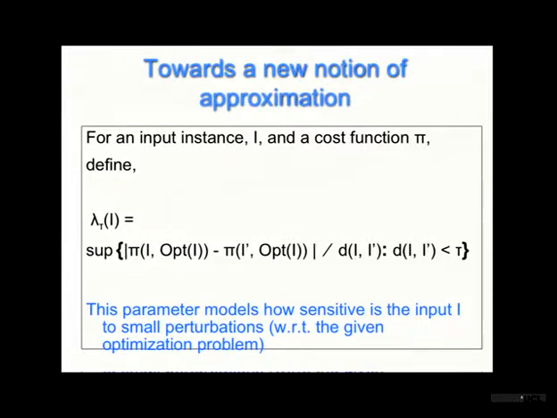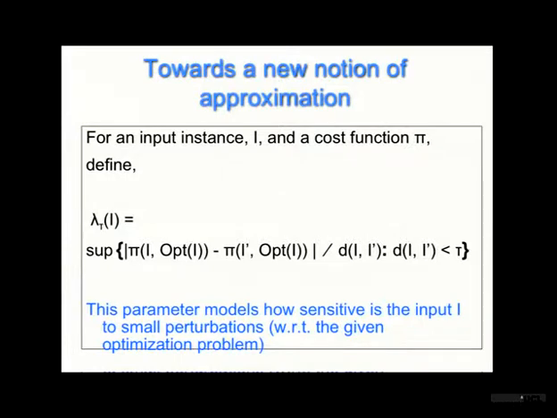So I look at how much the solution deteriorates when I move from I to I prime, and I divide it by the distance between I and I prime. So if two instances are close, I don't want the cost of the solution to change by much. Again, you see this kind of Lipschitzness condition.